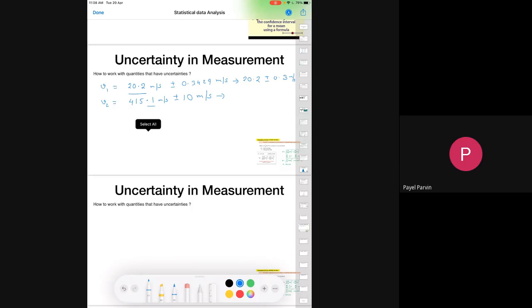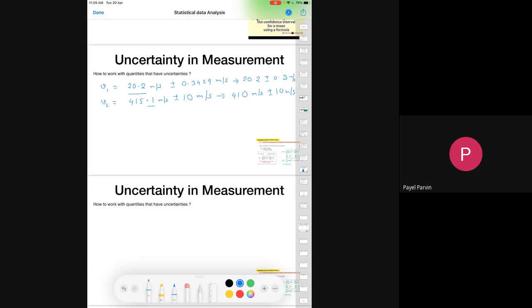So you should report this rounded off to the nearest 10, so that would be 410 meter per second plus minus 10 meter per second. So these are common errors encountered in reporting uncertainties.